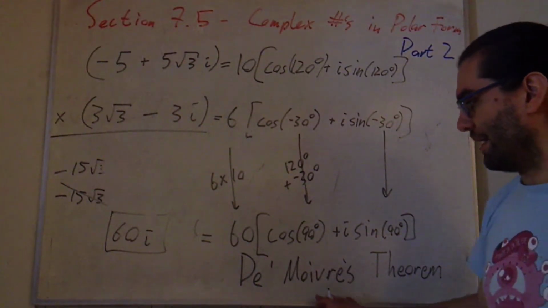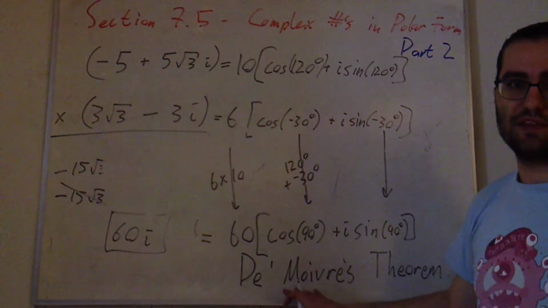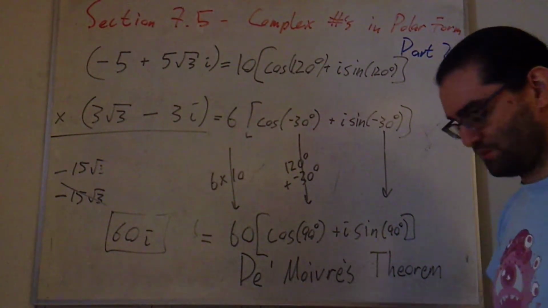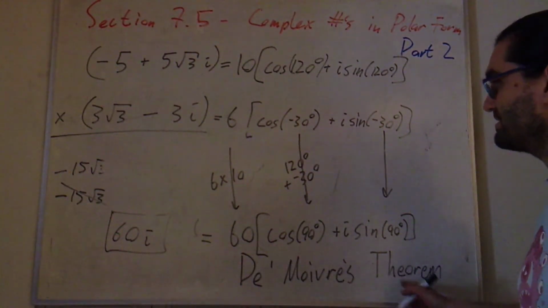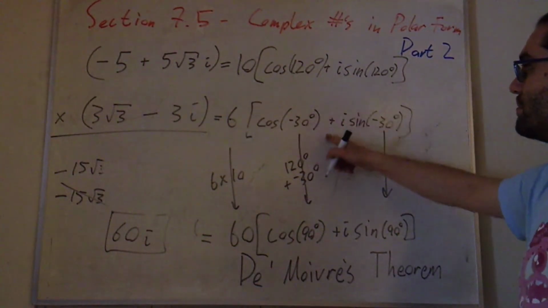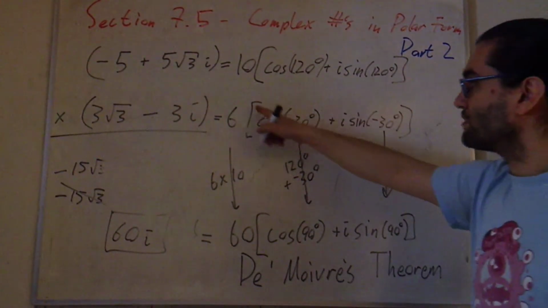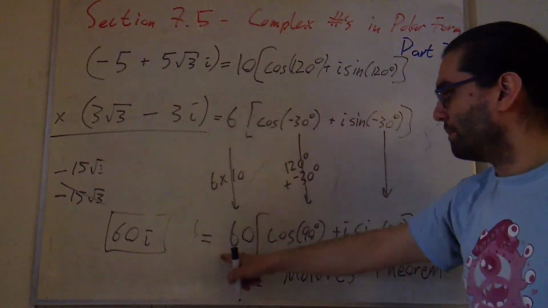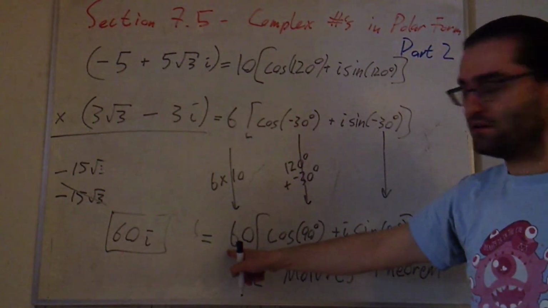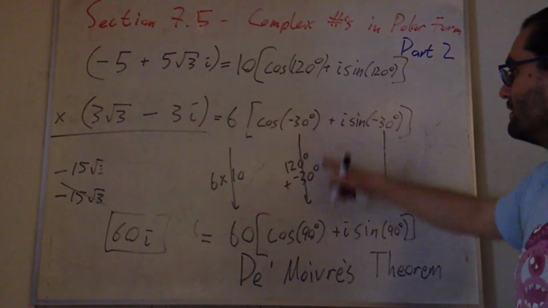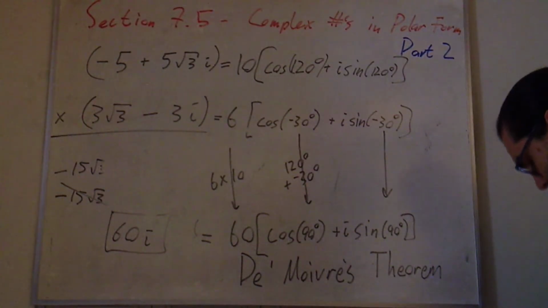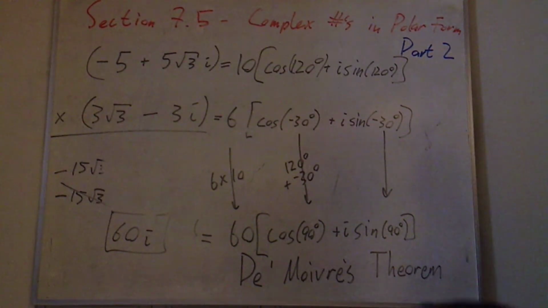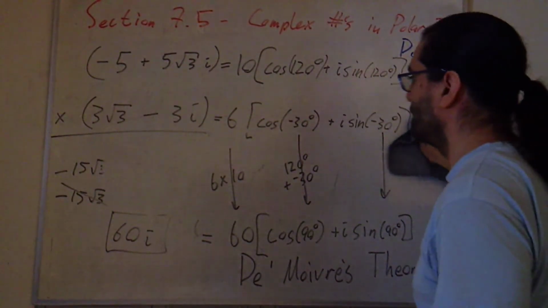Maybe it's not close to that. Maybe that's a horrible butchering of the actual pronunciation, but that's the best I can do. De Moivre's theorem says if you put two numbers in polar form, you can multiply them by multiplying the r and adding the angles. I'm going to write that down in its general form and then cut this video and start a part 3 where we do some examples of this.